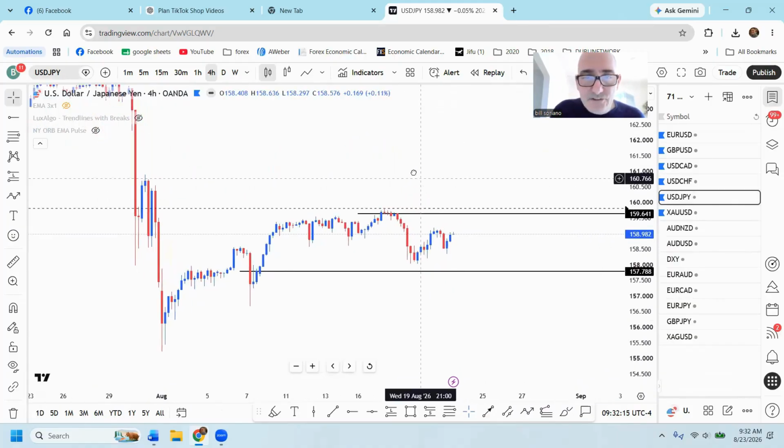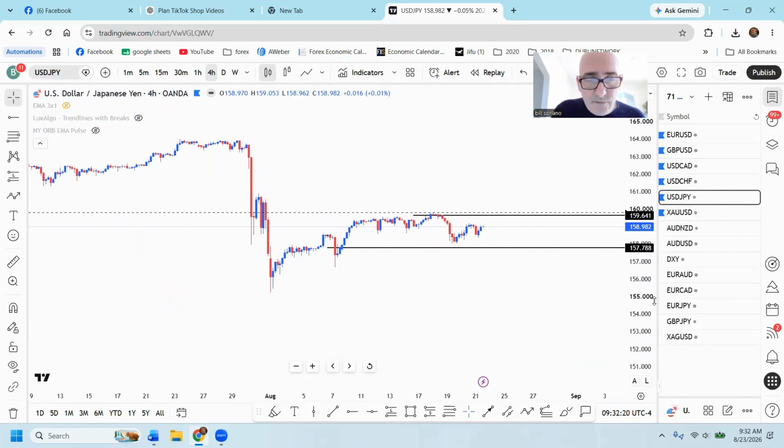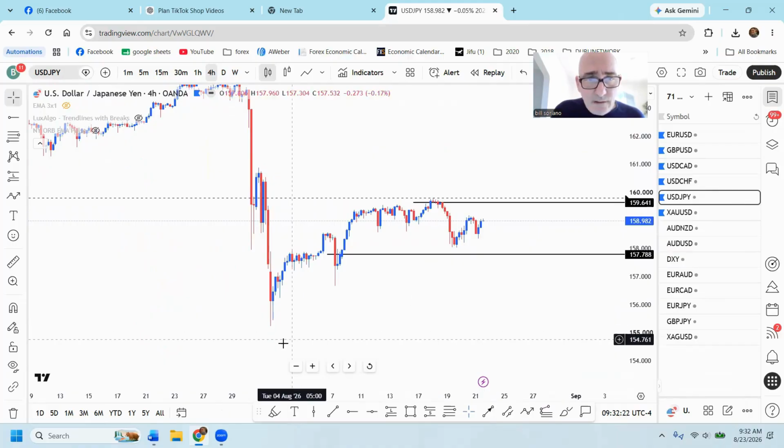Okay, let's look at USDJPY. This looks like our low point here. So we have to say to ourselves, is this low lower than this low? And it is. Is this low lower than this low? No. Is this low lower than this low? No. So this is our lower low right here.